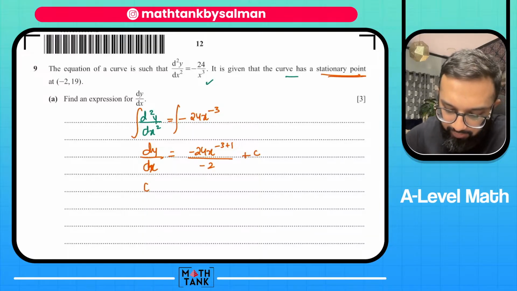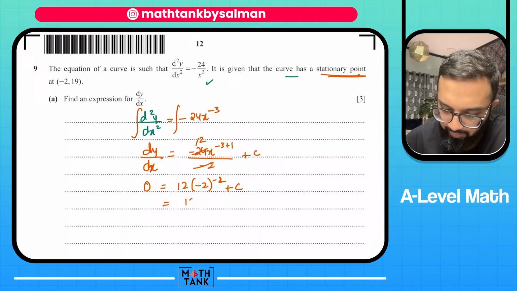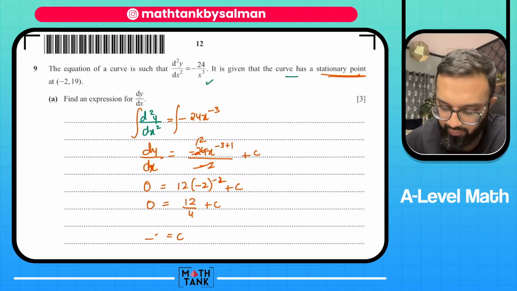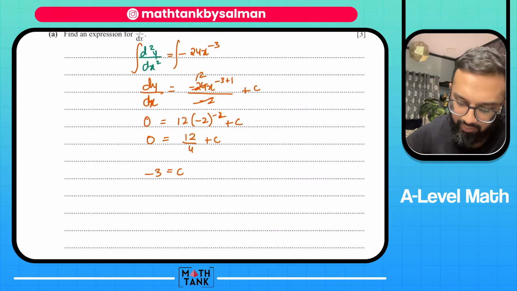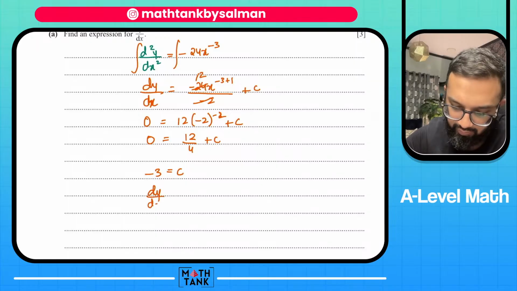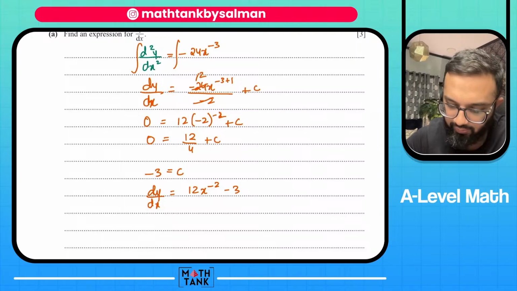It's a stationary point, so that should be 0, and x should be minus 2. So 12 over 4, so c should be minus 3. That's dy by dx: 12x power minus 2, minus 3.